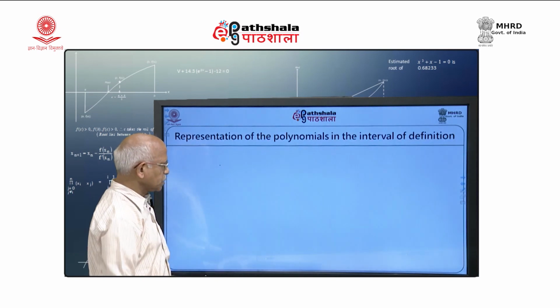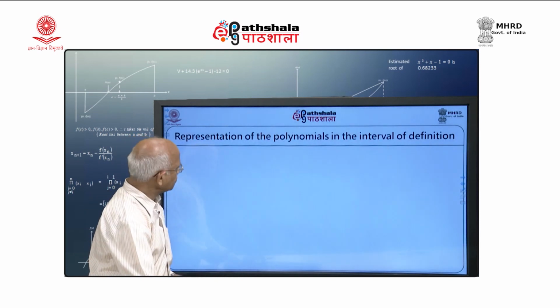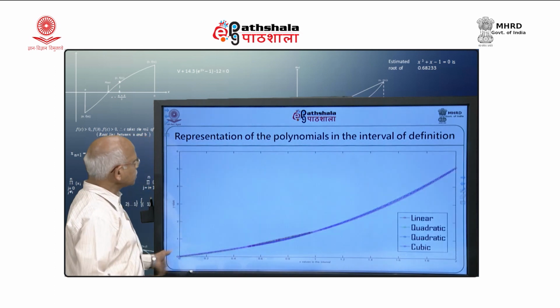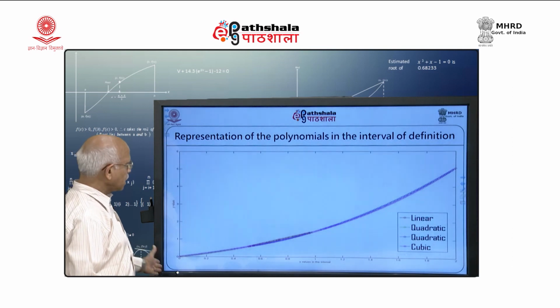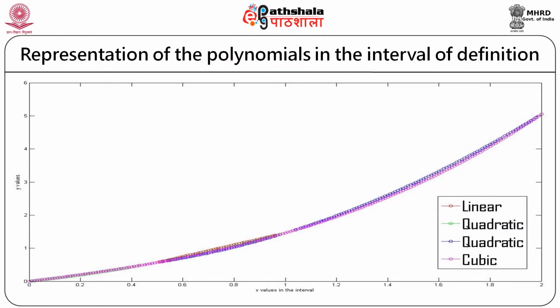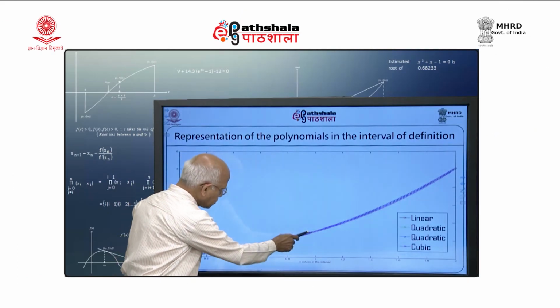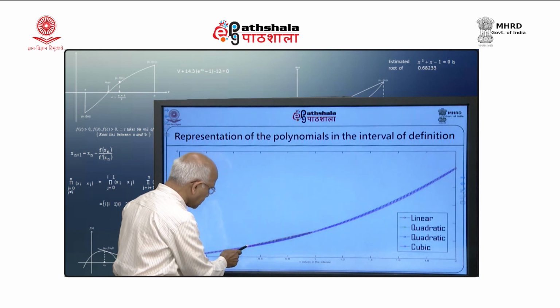So, different degree interpolating polynomials will give you different values. Now, if you plot these polynomials on the entire interval, it will look like this. This gives me linear interpolation, and that will be observed only in the interval 0.5 to 1, where there is a straight line.